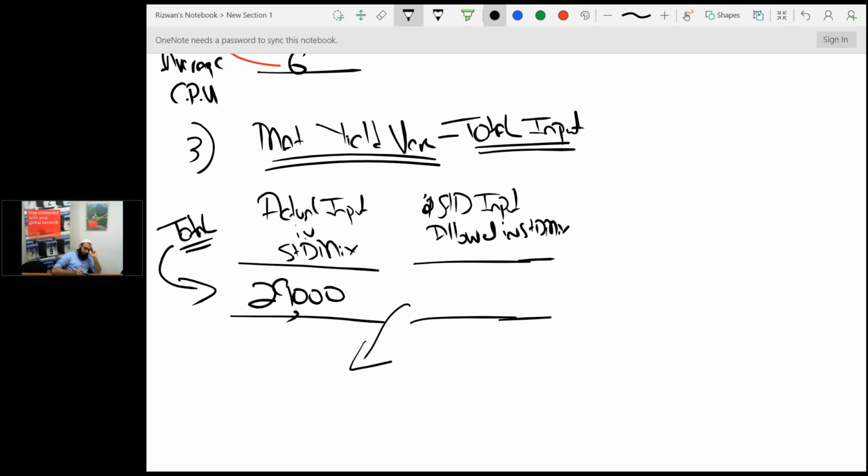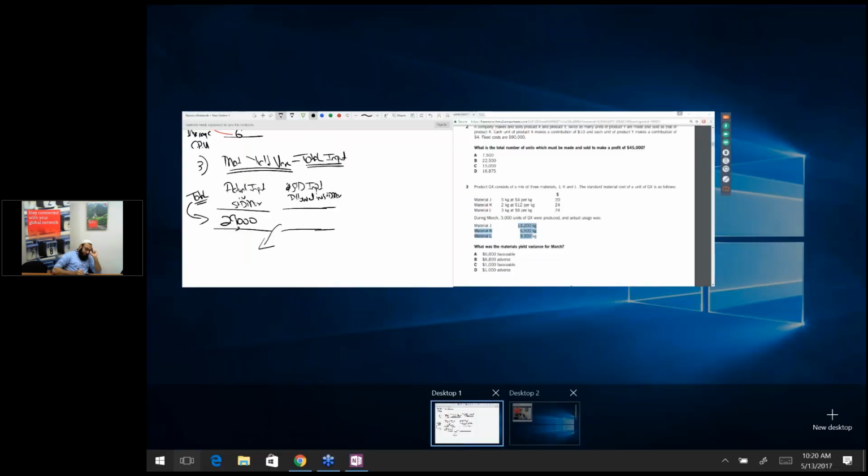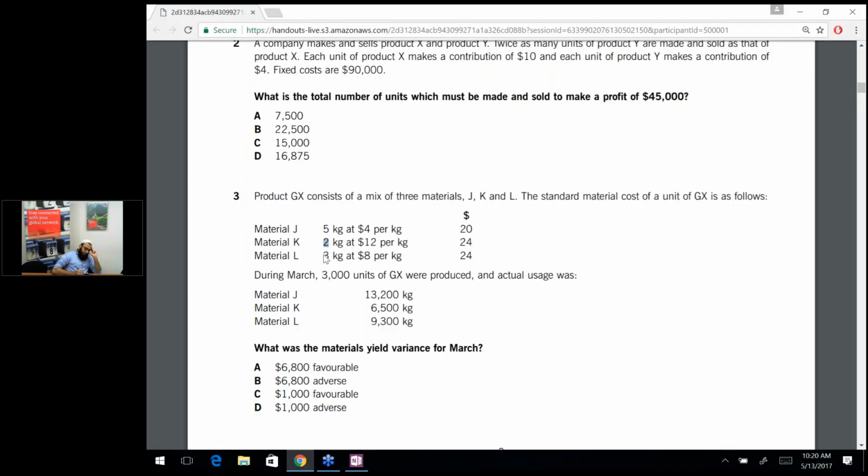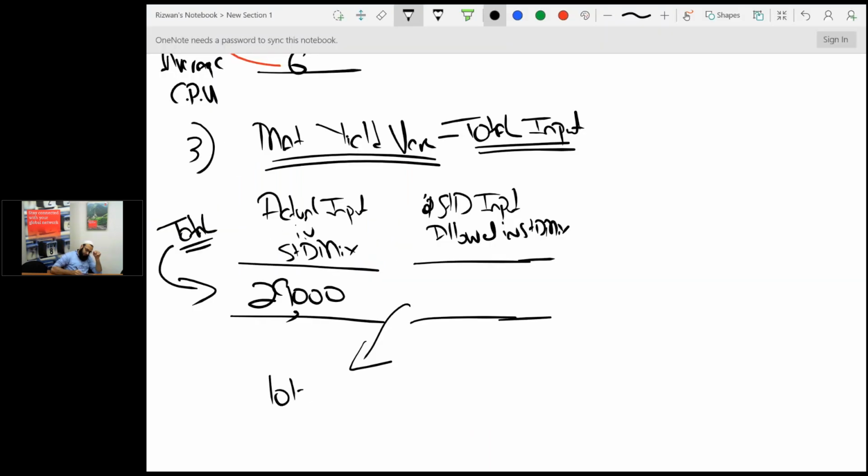So the method will be 5 kgs of J, 2 kgs of K and 3 kgs of L. If I add all, this becomes 10 kgs per unit. 10 kg input is required per unit. And how many actual units we are planning to make is 3,000 units.